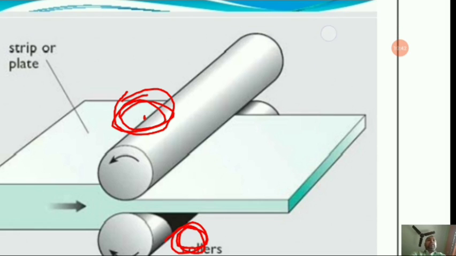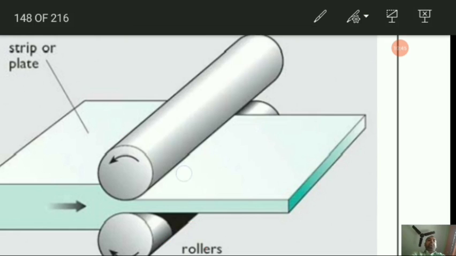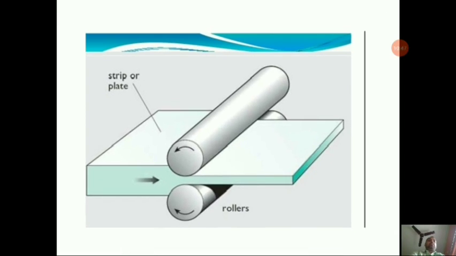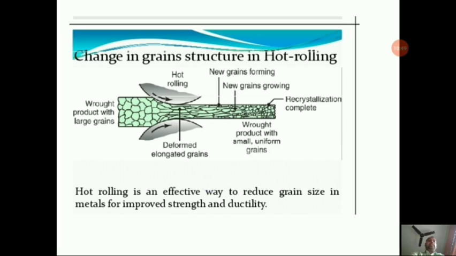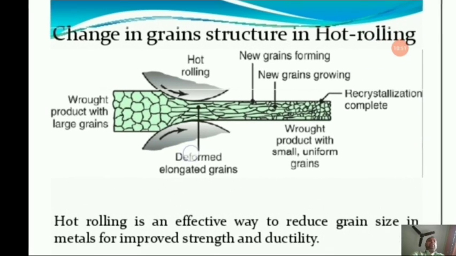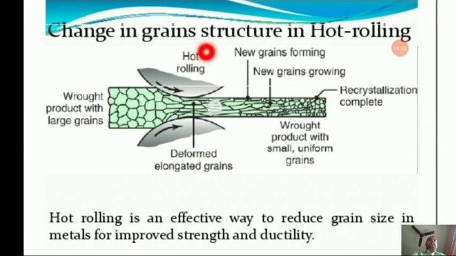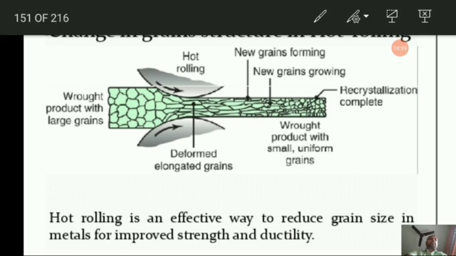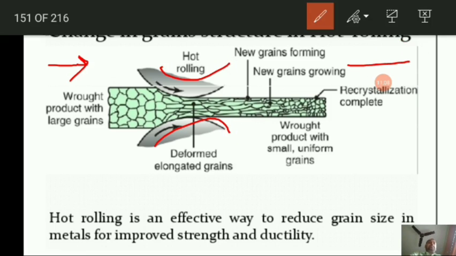So next, let us move on to the next slide. Now we will discuss the change in grain structure in hot rolling. You can see from this particular picture, this is the entry point and this is the exit point, and these are the rollers over here.